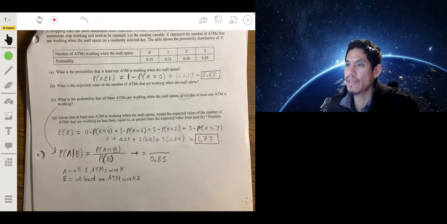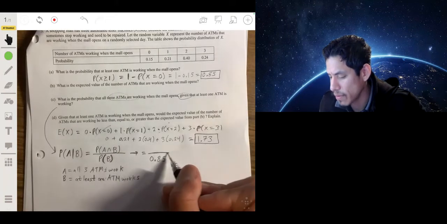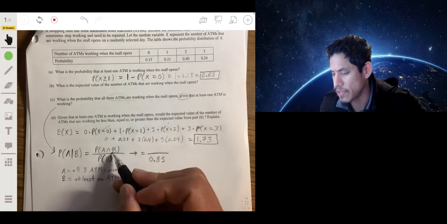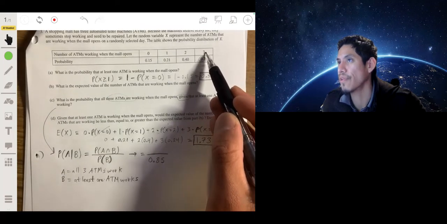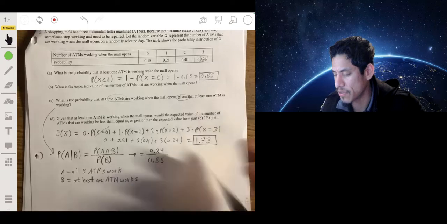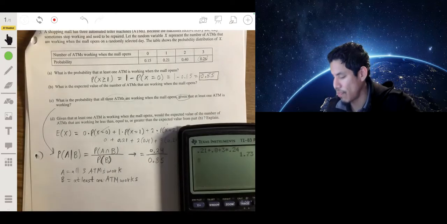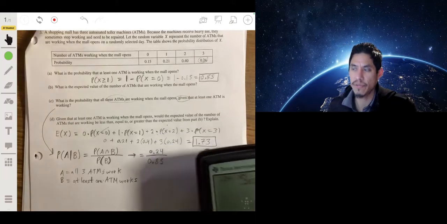You want to just think of this as basically all 3 of them working. So that will just be equal to 0.24. The probability of all 3 of them working is 0.24. And so our answer will be 0.24 divided by 0.85, which is 0.282.